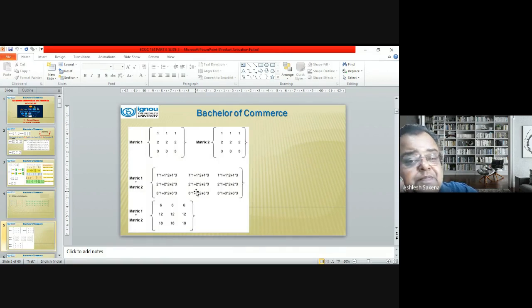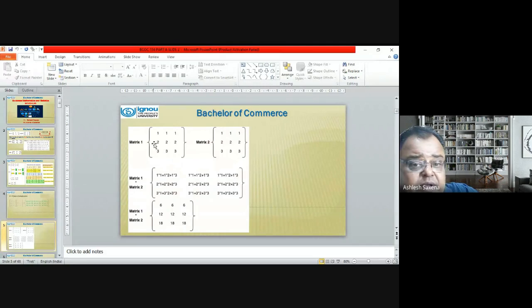Here you see a 3 by 3 matrix being multiplied. As I told you, 1 will be multiplied by 1 plus 1 into 2 plus 1 into 3. That means you will be getting this element. Secondly, you will be multiplying these three elements in this order. Thirdly, these three elements in this order. Next, these are the three elements of this row.